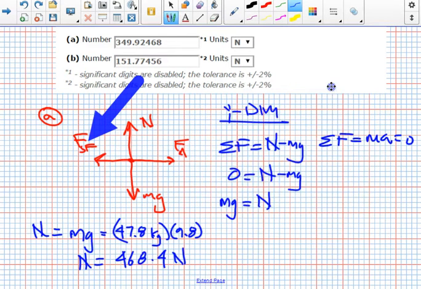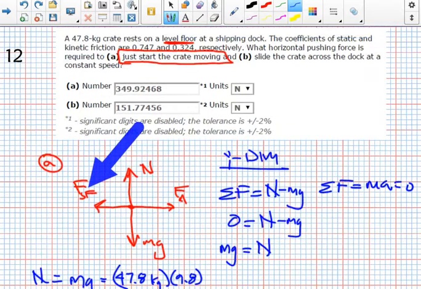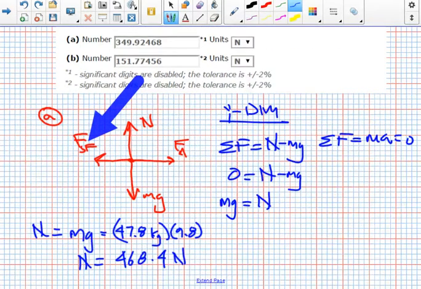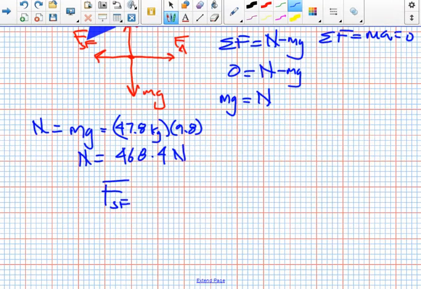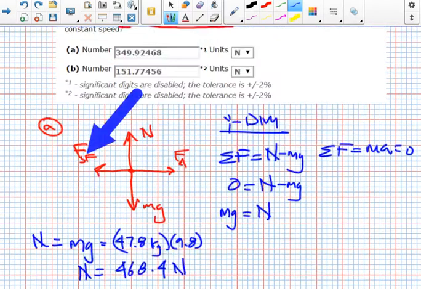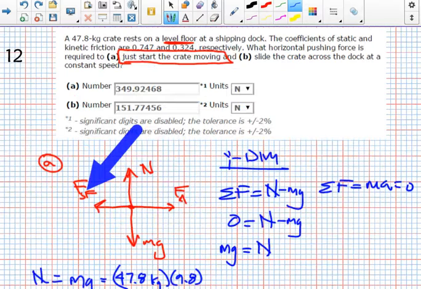So, going back to what we said earlier, I'm looking for in part A the force just required to start it moving. So I'm looking for the force of static friction. But static friction can be found by taking mu static times the normal force, which I've just found. So this force of static friction, which my applied force has to overcome, is going to be found by taking 0.747.